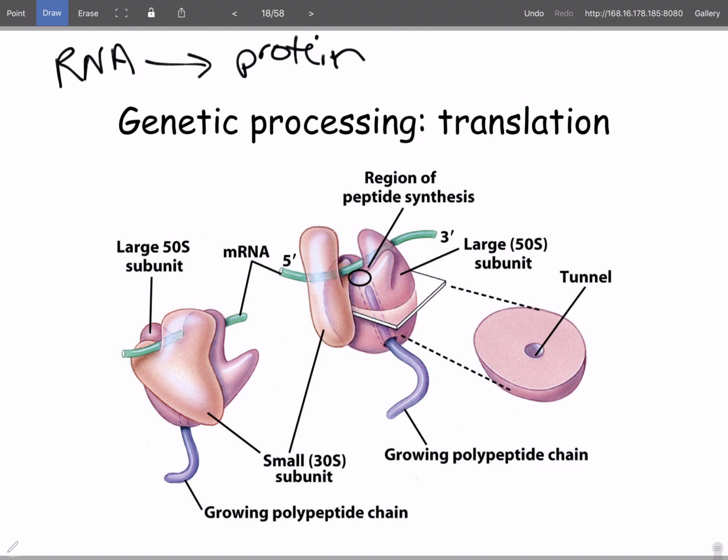Ribosomal RNA isn't translated. There are microRNAs, which you guys will hear about, that are involved in RNA interference. That you'll hear about when you get to molecular biology that aren't translated. So there are a lot of RNAs that don't go through this process.